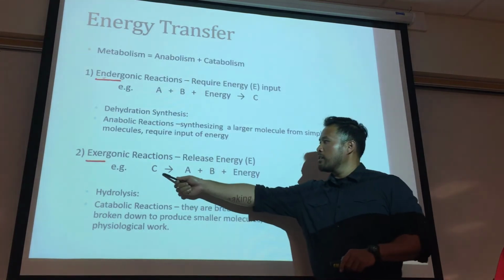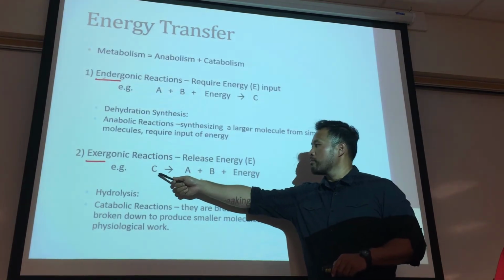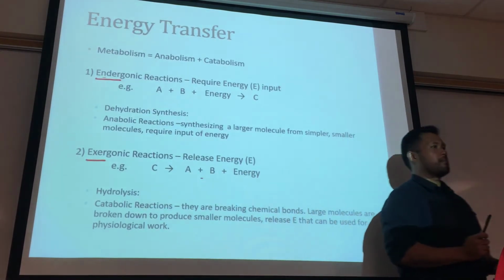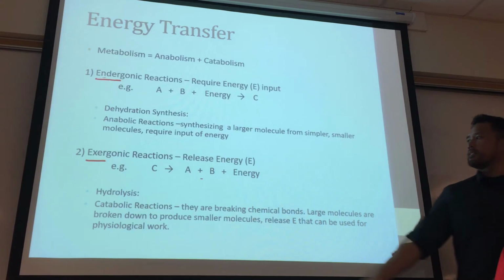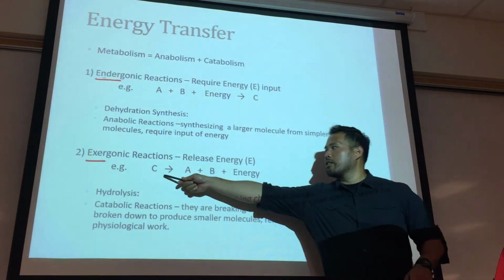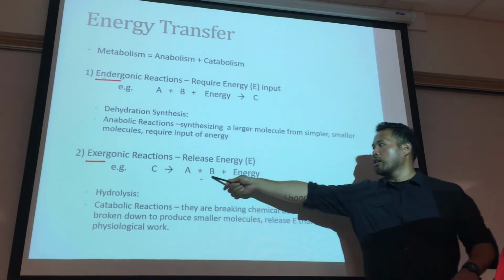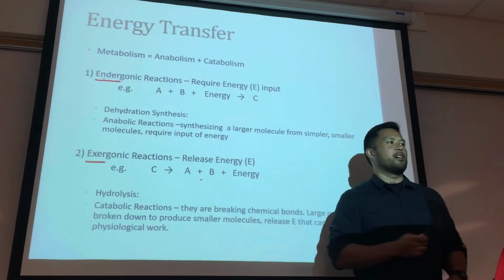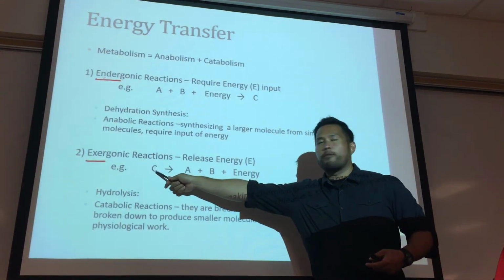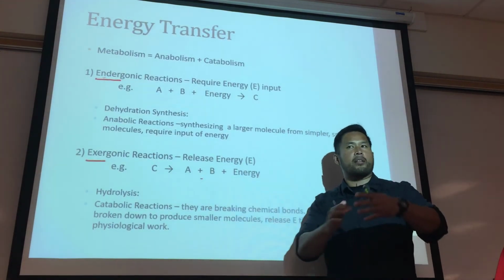This is baby turning into man plus woman and releasing a good amount of energy. To give you an idea, this is how fuel works. This is how dynamite works. There's a good amount of energy in there, and once you start to break them apart, you release a good amount of energy. And that energy being released comes from the bonds that are formed within the baby, typically where that stuff happens.